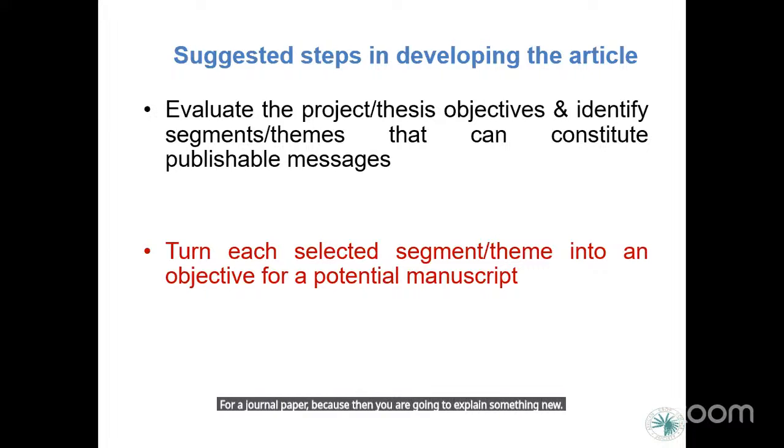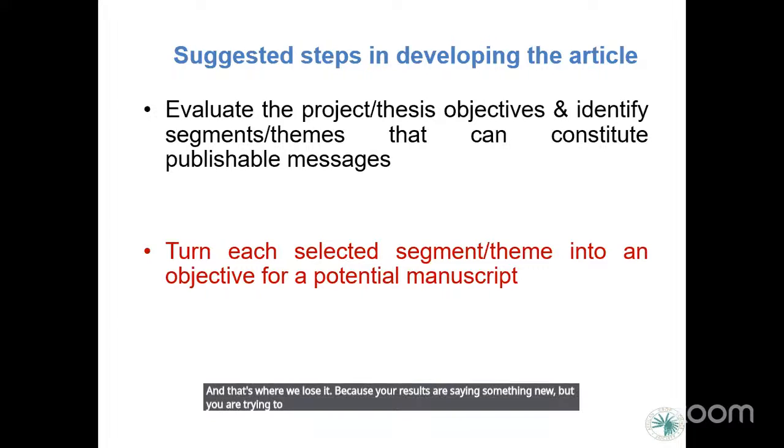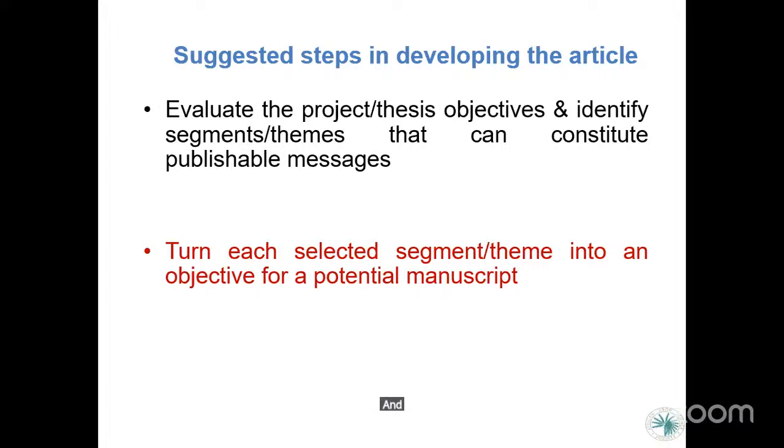Many people avoid that, and they panel beat their data so that it follows the same trend as previous researchers, and that's where we lose it. Your results are saying something new, but you avoid it because you don't want to explain it and be accused of saying a wrong thing.